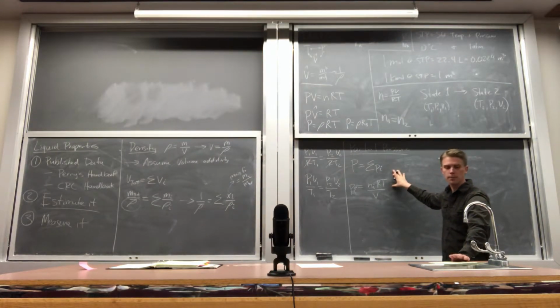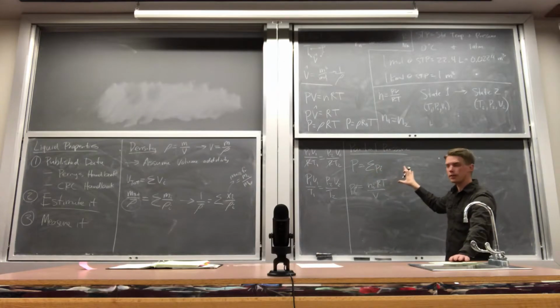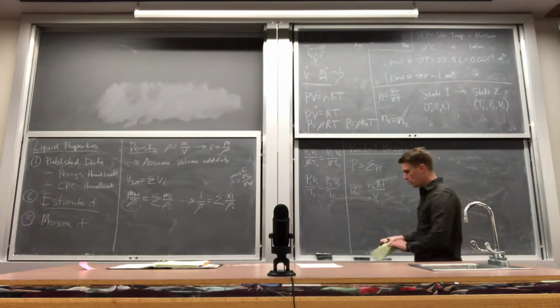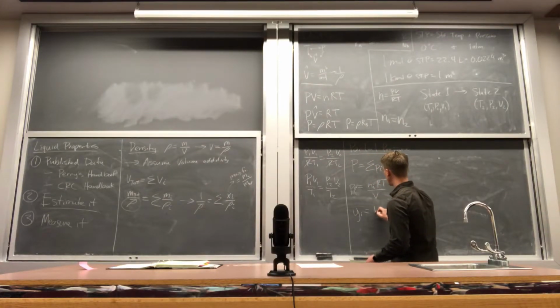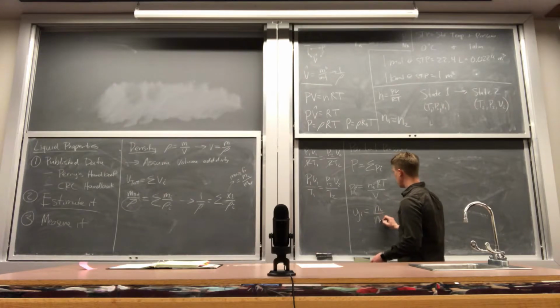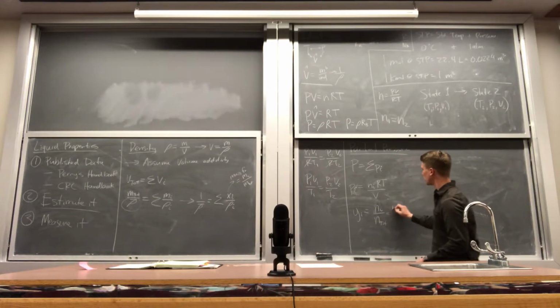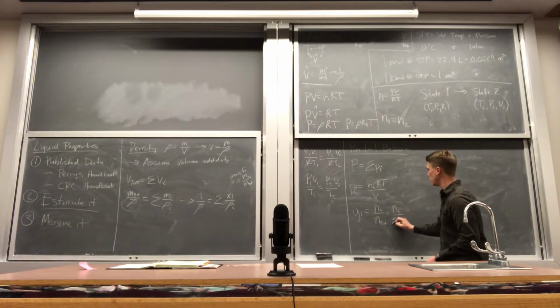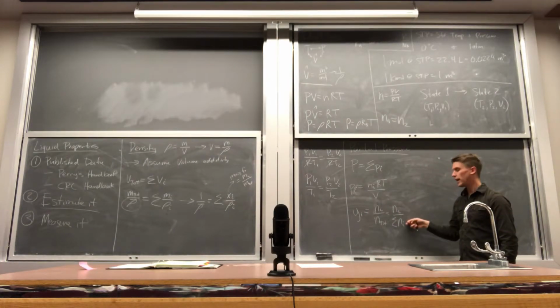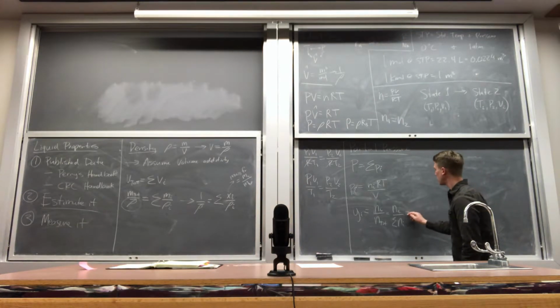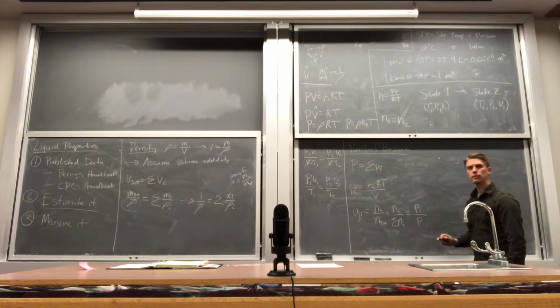If we apply this approximation, we can say that the mole fraction of species i, which is equal to the number of moles of species i divided by the total number of moles, or Ni divided by the summation of Ni, the moles of species i divided by all of the species added together, is the partial pressure divided by the total pressure.